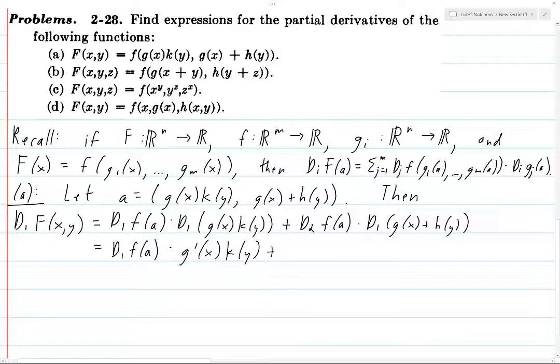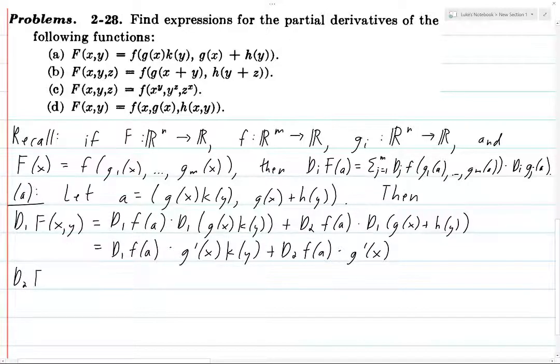And then we add D2 f at a times, now if we take D1 of this, we take the derivative of g(x) and we get g prime of x. But if we take the derivative of h(y), that doesn't depend on x, so it becomes 0. So that's all we do for D1 of F.